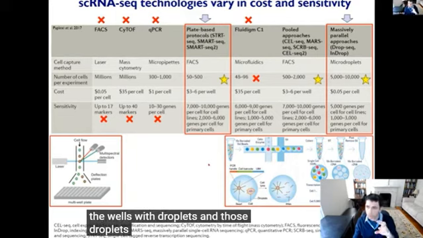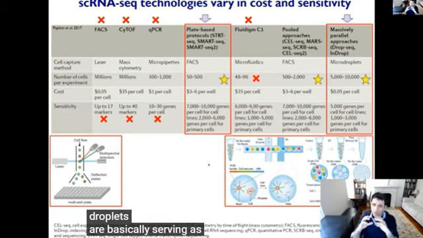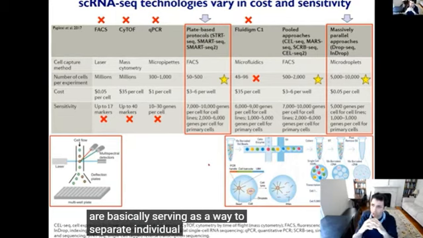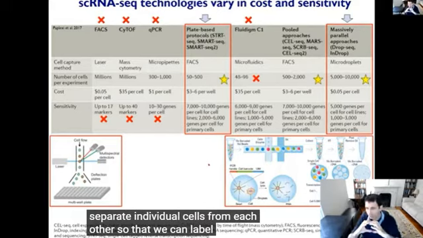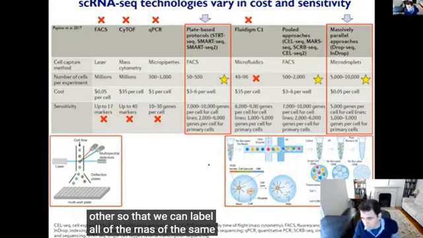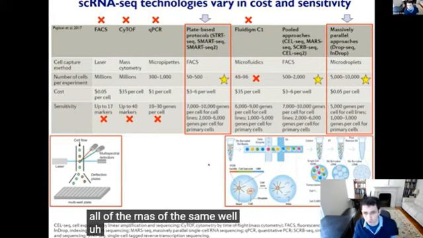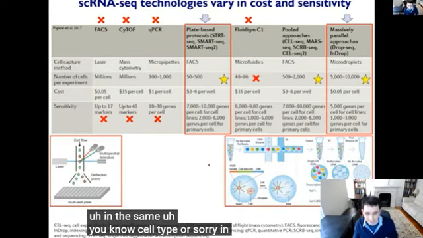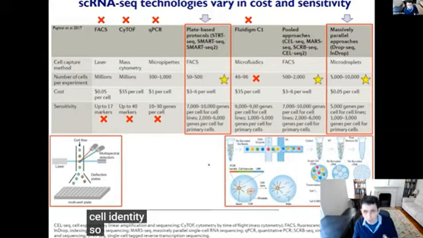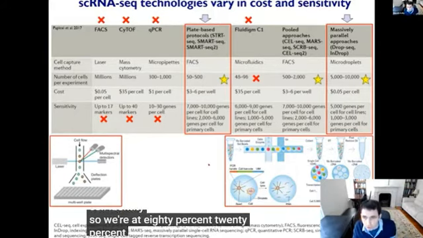And those droplets are basically serving as a way to separate individual cells from each other so that we can label all of the RNAs of the same cell identity. So we're at 80%, 20%, 400.